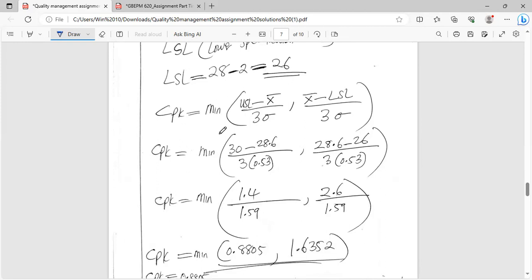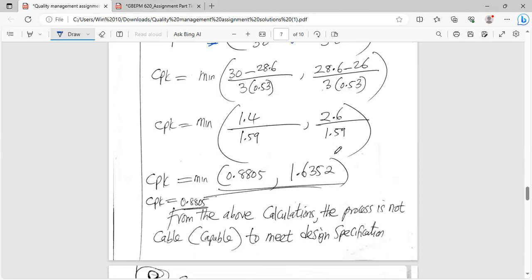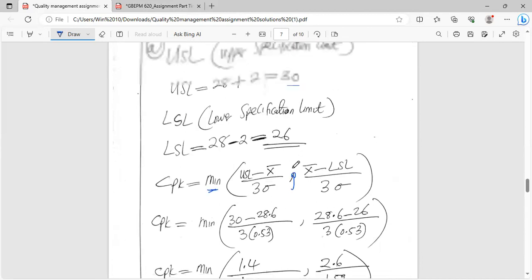So the process capability index, CPK, is the minimum of upper specification minus the mean over 3 sigma, and the mean minus lower specification over 3 sigma. So the minimum of these two is 0.88 using the formulas.